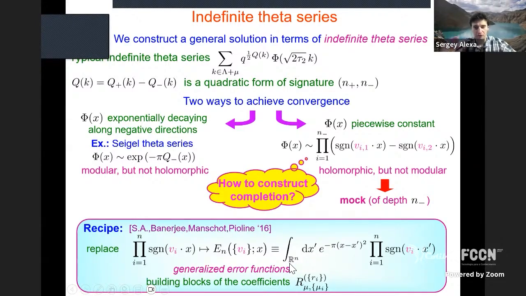And the claim is that if you do this, you find something which will be, of course, non-holomorphic because of this, again, square root of tau 2, but will be modular. And I also claim that precisely these guys appear as building blocks of the functions which appear in our modular anomaly equation.